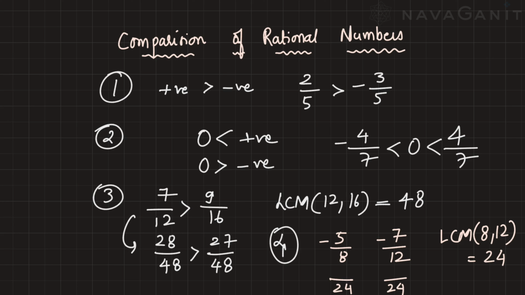So -5 by 8 is -15 by 24 and -7 by 12 will be -14 by 24. So now I know that -15 is lesser than -14. So -15 by 24 would be lesser than -14 by 24. So in turn, minus 5 by 8 will be lesser than minus 7 by 12. So this is how we compare two negative rational numbers.